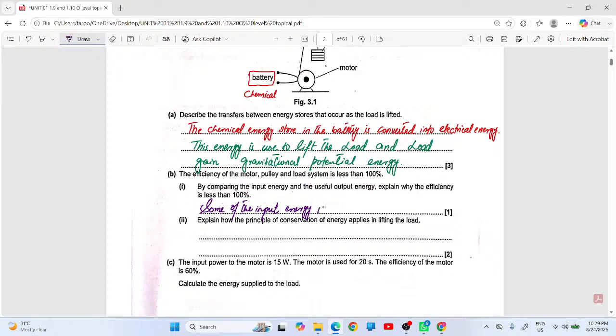लेकिन सर मैंने कहा by comparing the input and output, तो we are comparing values? No, not given. We just have to compare. अच्छा, why ऐसे ही बताना है.